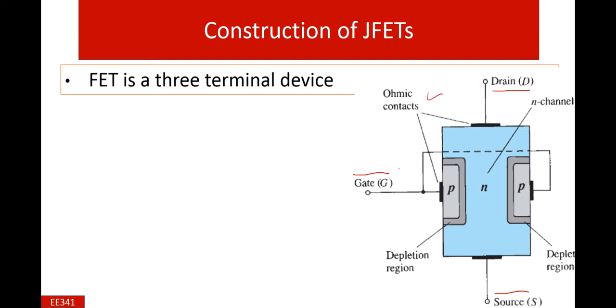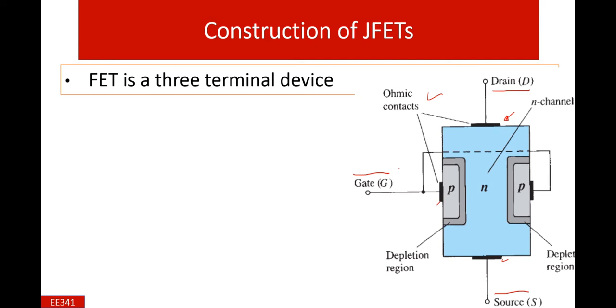Usually in electronic devices, this type of contact is made of a material like gold, due to its low resistance. But here we are using the ohmic contact, which makes this a controlled device. Similarly, this is also an ohmic contact.